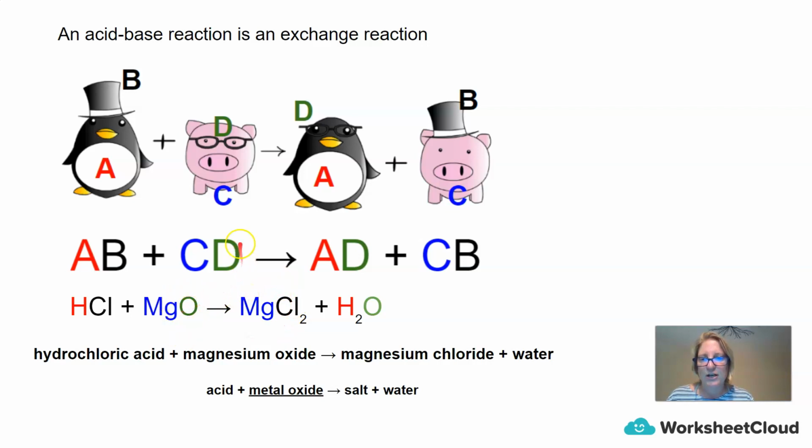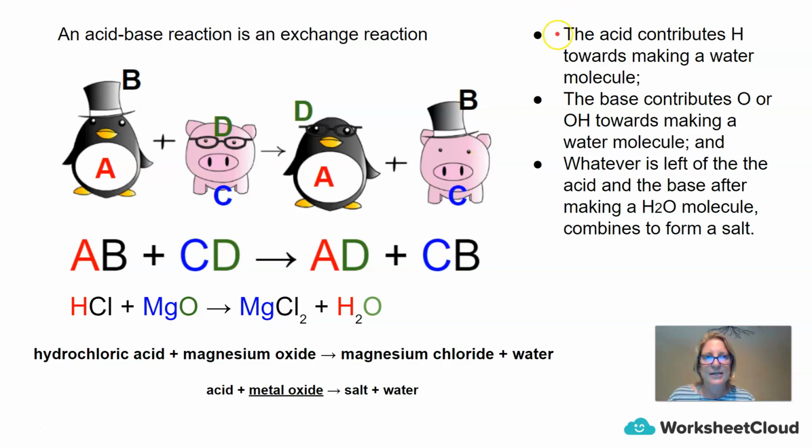And the oxygen, in this case that's D, or the spectacles, lands up being added to the water. So this acid-base reaction, or acid metal oxide reaction, is an example of an exchange reaction.